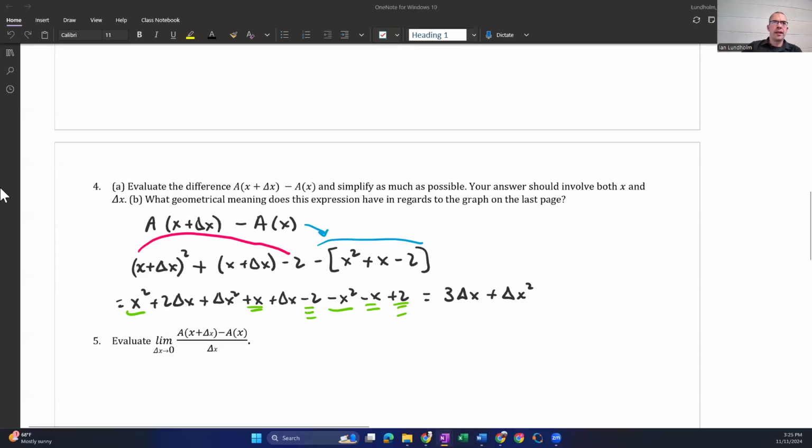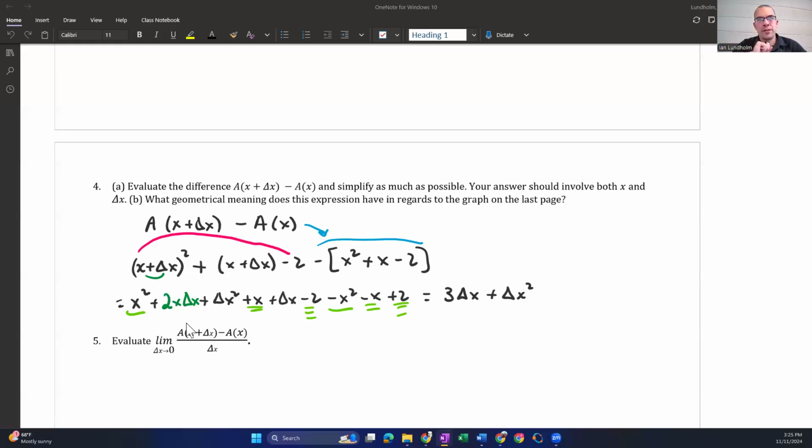Yeah, when I multiplied this out, I should be getting x delta x's, not just delta x's. So I need to fix this part. Yeah, we can do this in green. This should be 2x times delta x coming out of the outside and inside multiplication of those two.